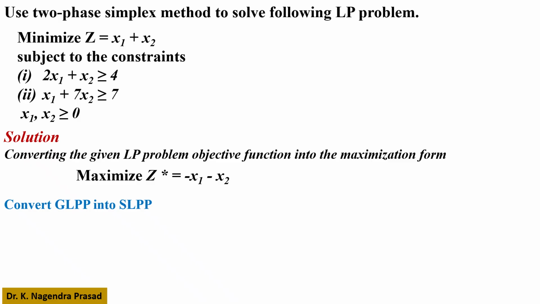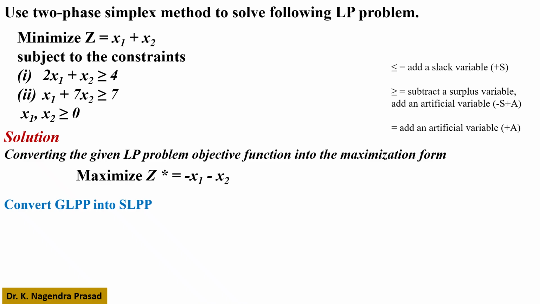Next, we have to convert the general linear programming problem into the standard form of linear programming problem by introducing surplus and artificial variables in the given constraints. The first constraint is 2x1 plus x2 greater than or equal to 4.